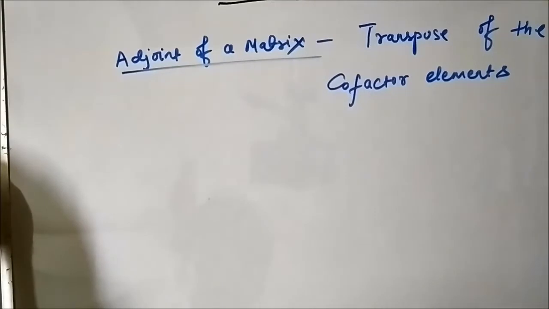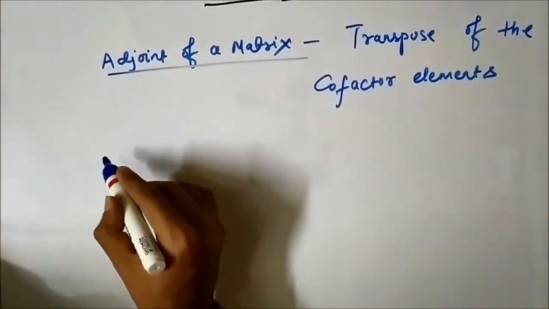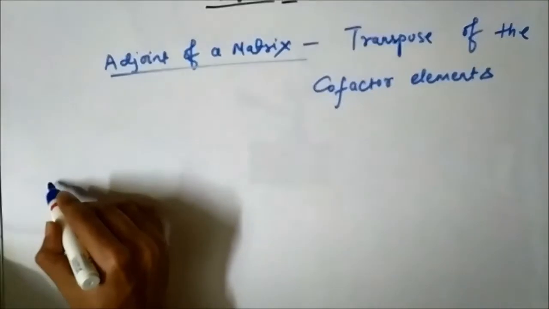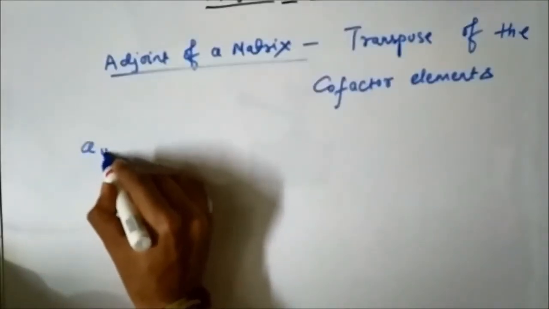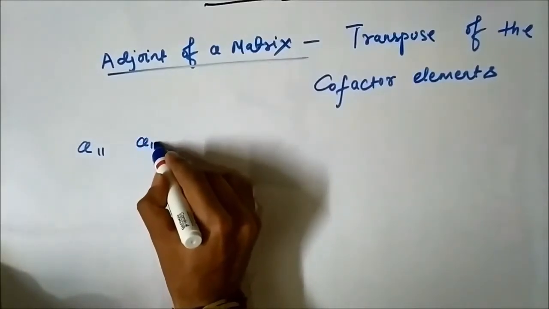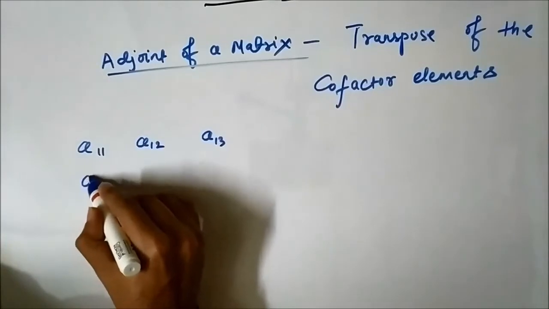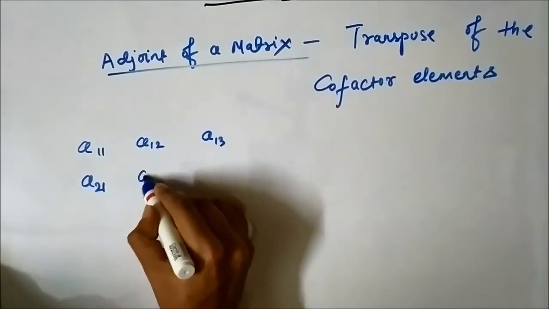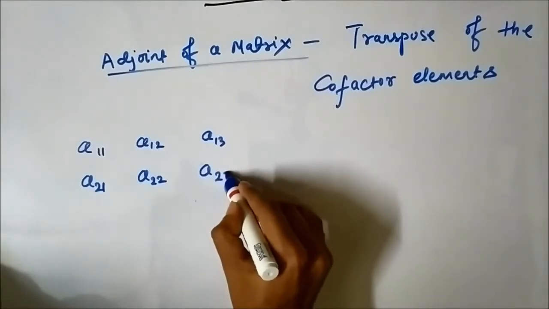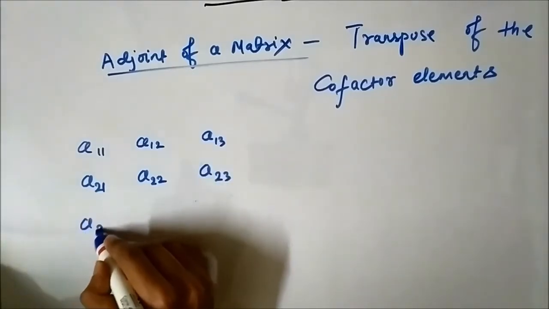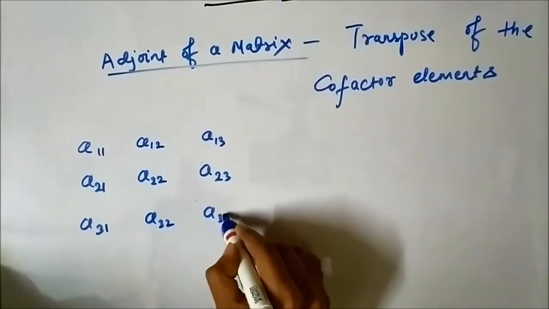Let us take, let's say, a 3 cross 3 matrix. Let's say it is given as this. Okay, this is the matrix.